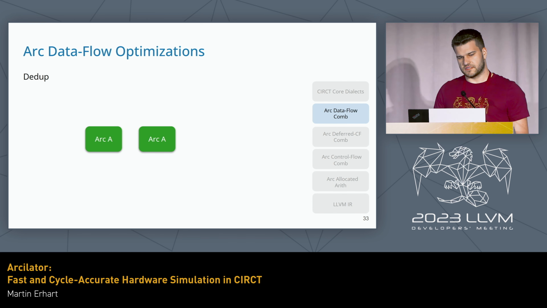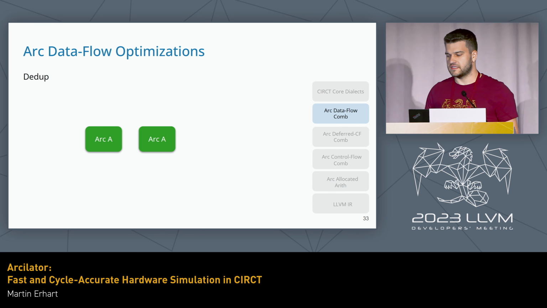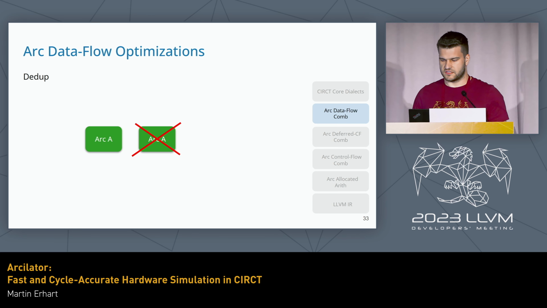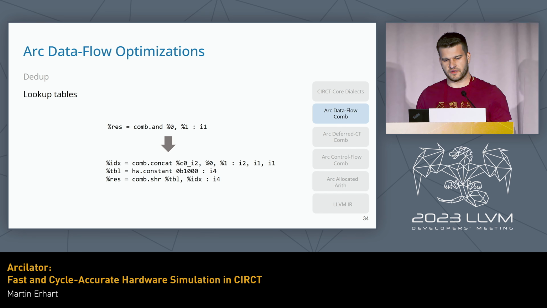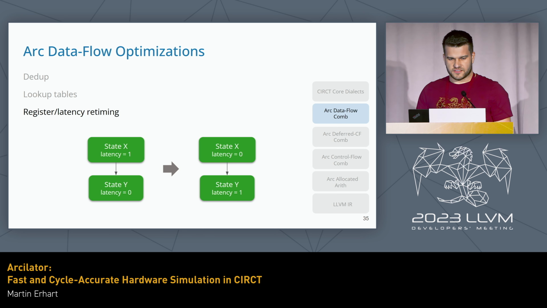So optimizations you can do on this level are dedupe that we just saw. So if you have 2 arcs that are the same, we can just remove one of them. We can convert a set of combinational logic to a lookup table. Of course, it would be more than just a simple AND gate, but yeah, we can also do register retiming by simply moving the latency attributes around.